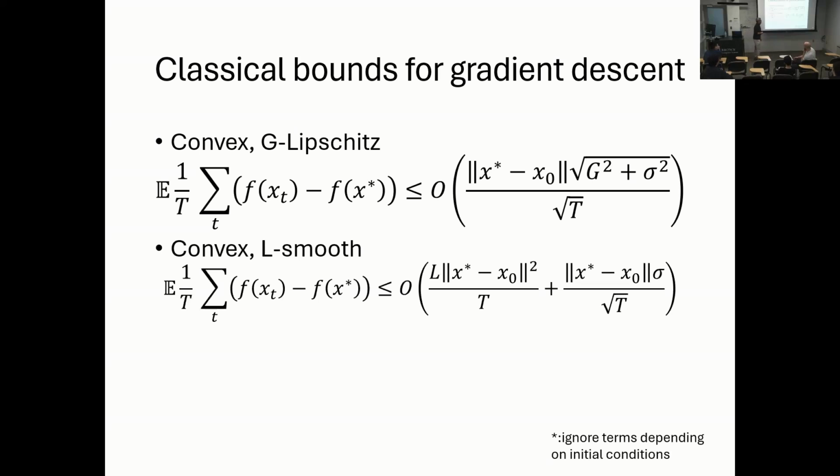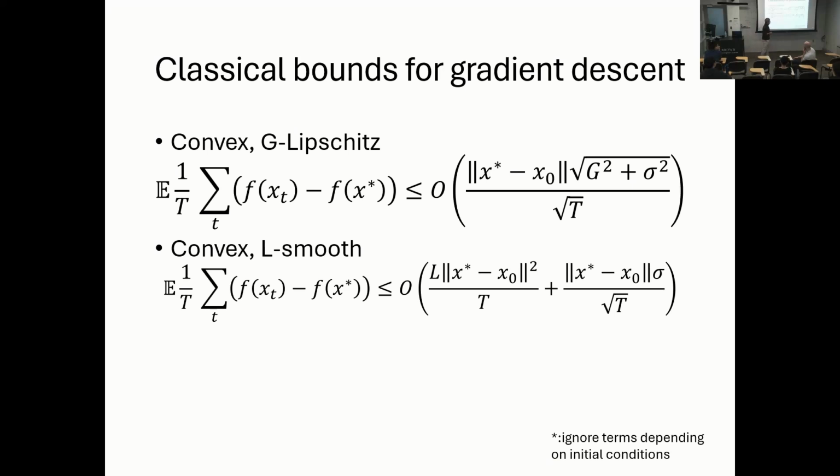Now, if you have a smooth function, then gradient descent will get you better convergence. Smoothness is a very strong assumption because it says something about the function everywhere, not just locally. You get a convergence rate that scales as 1 over t instead, if the noise of the gradient estimate is very small.